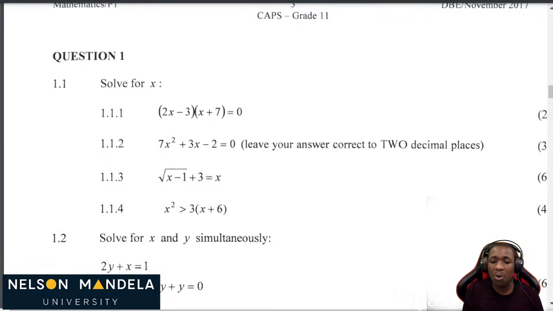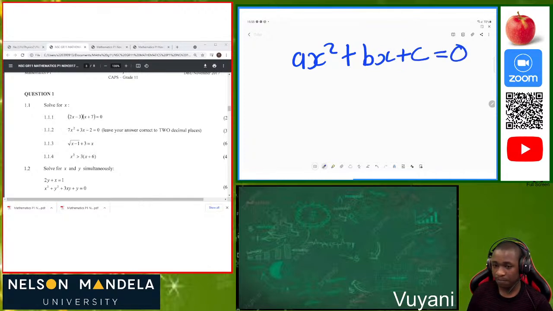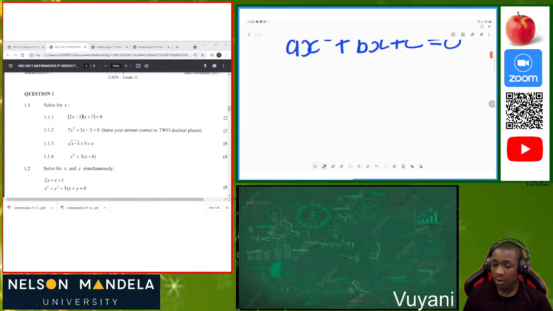Just use what we call the quadratic formula. So what is the quadratic formula? Let's say we have a quadratic equation, which is ax squared plus bx plus c, and we are equating it to 0. This is where we get our quadratic formula from.